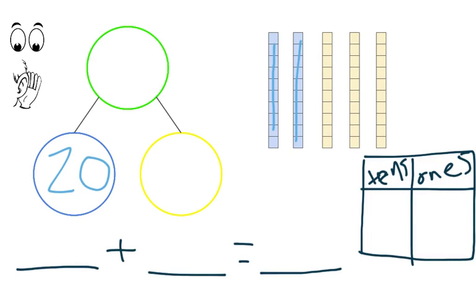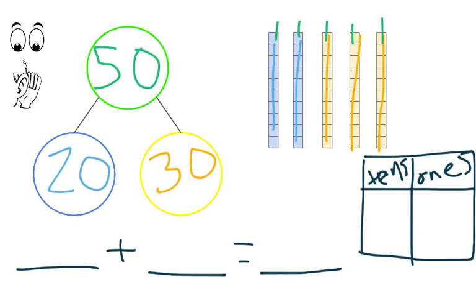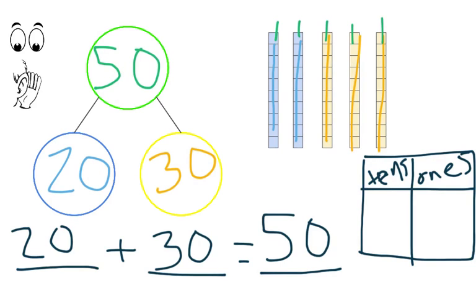And now let's count yellow. 10, 20, 30. So this is 30. And now we're going to count them all together. 10, 20, 30, 40, 50. So we're going to write 20 plus 30 equals 50.